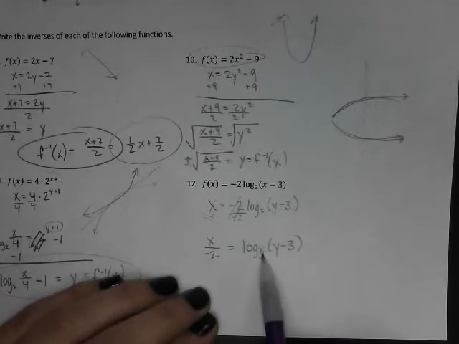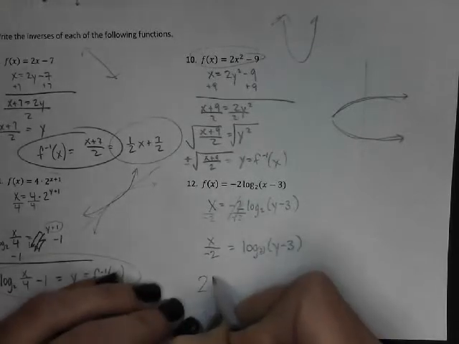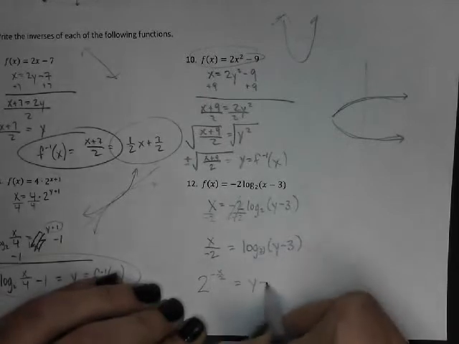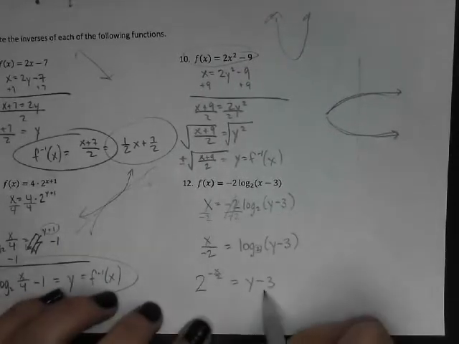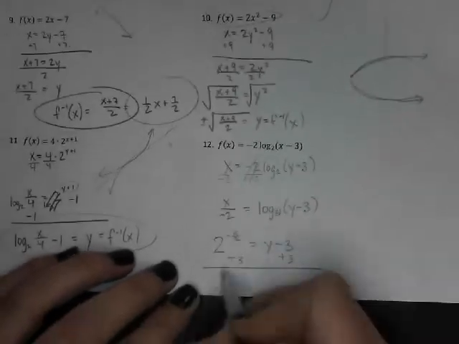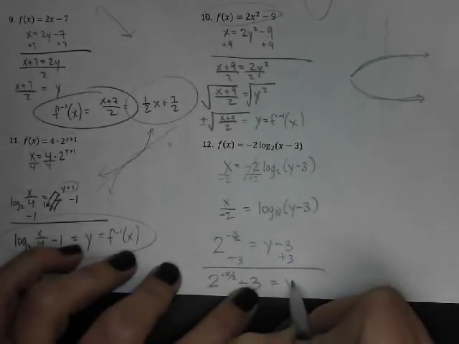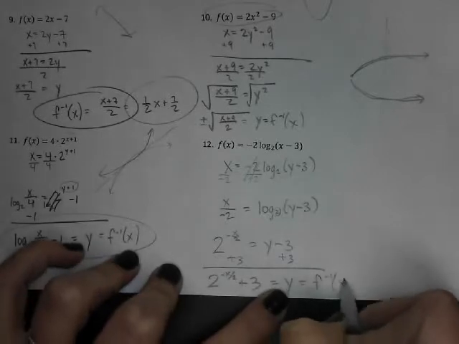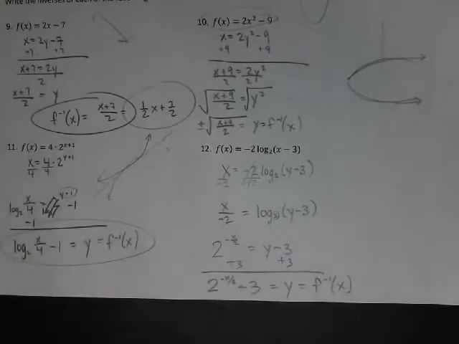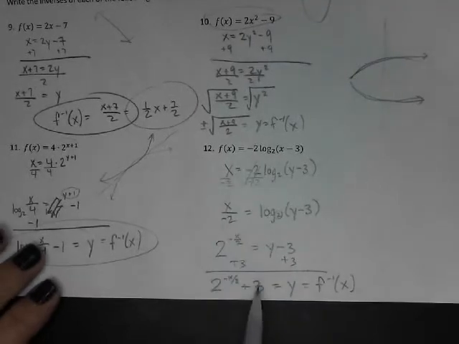So the base of 2 raised to the other side equals y minus 3. And then get y all by itself. Add 3, add 3. So 2 to the negative x over 2 plus 3 equals y, or in this case, f inverse of x.